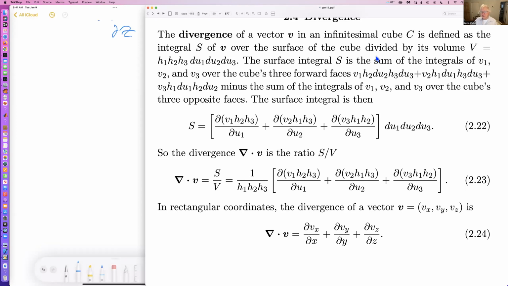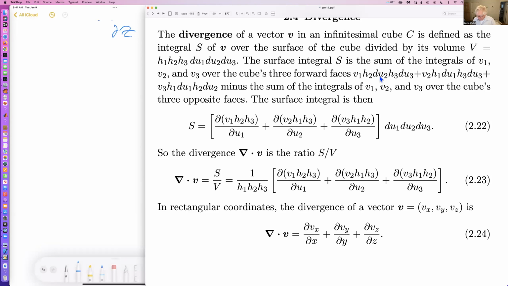And the surface integral, on the other hand, is V1 integrated over the one forward face minus the integral of V1 over the backward face, the face that faces in the -1 direction. Anyway, you've got to do that over all 3 cases. And so it's basically V1 integrated.